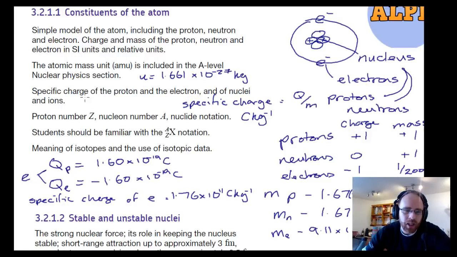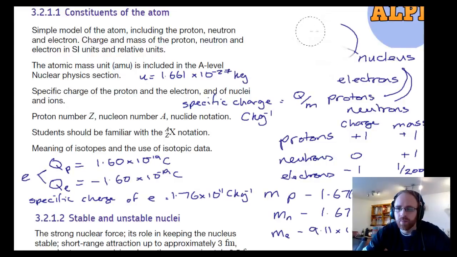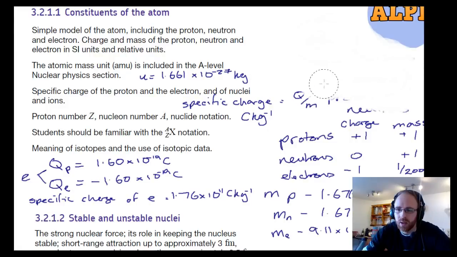Of nuclei and ions, so if I had a nucleus, then I'd have 1.60 times 10 to the power minus 19 multiplied by the number of protons.